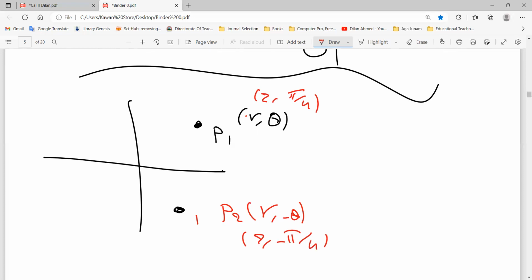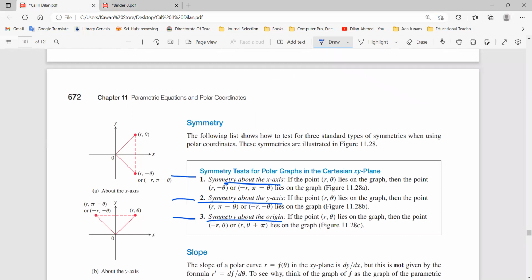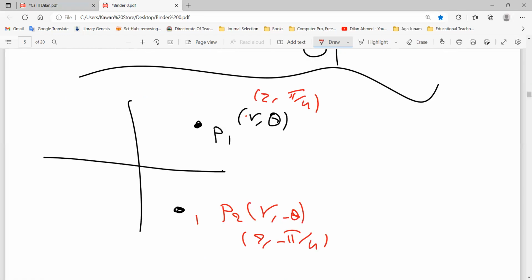Give another case to be reflected here. Pi over 4, negative 2 is coming to here. Am I right? So no, but you are close.